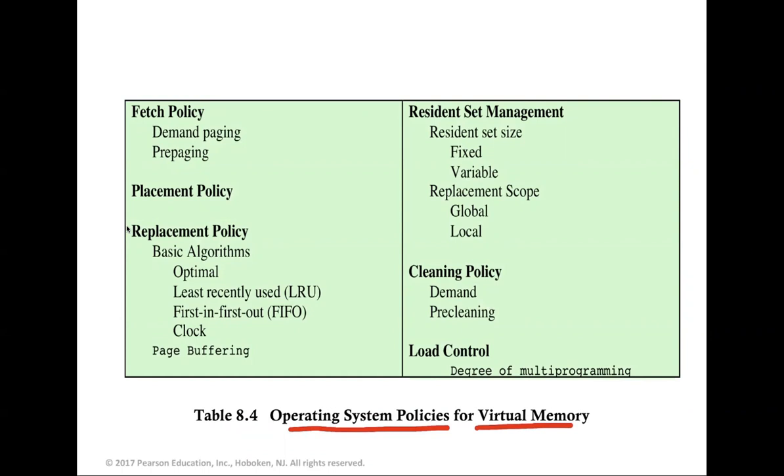In each case, the key issue is one of performance characteristics. If you would like to provide an efficient memory management, what are the optimum or the best operating system policies to achieve such efficient memory management?